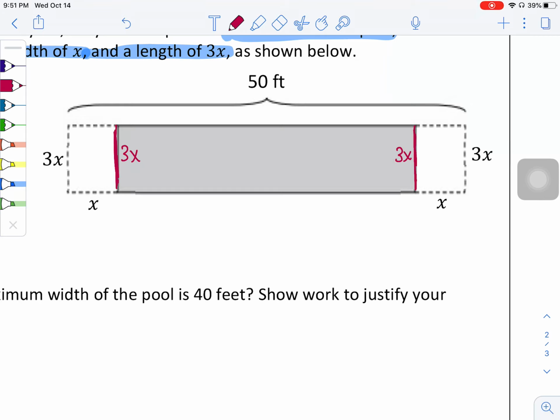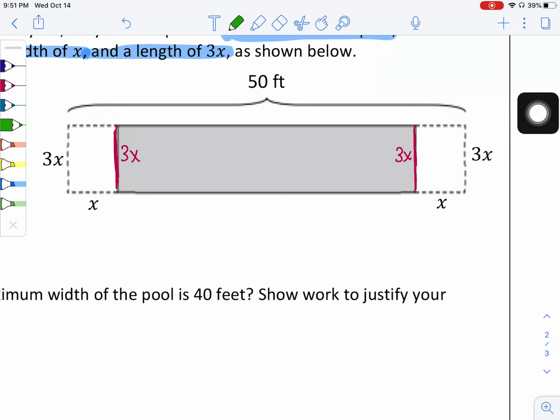All right, we have this total, the 50 feet. I guess that's part of the width. We have a total width of 50 feet here. But the pool is not 50 feet because that would mean we don't have any gardens here. And maybe you don't want the gardens, but this is how they're designing it. So we're going to take this 50 feet and subtract off these garden widths to get down to just the pool.